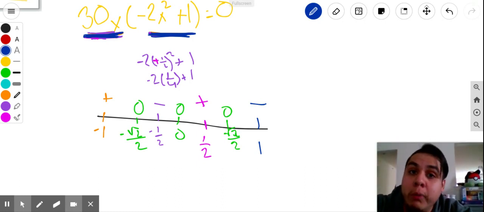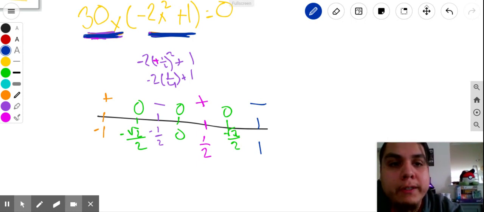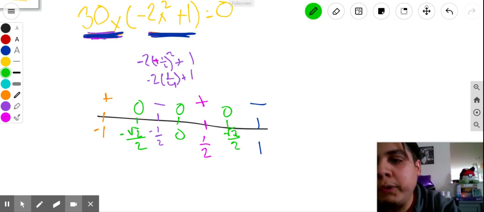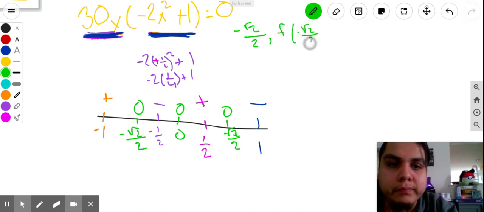We call these points of inflection because they should be written as a coordinate point, right? So I should figure out what the following coordinate points are. Negative radical 2 over 2 comma f of negative radical 2 over 2 is a point of inflection.